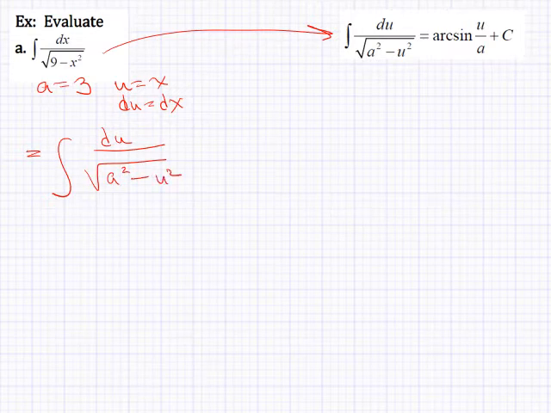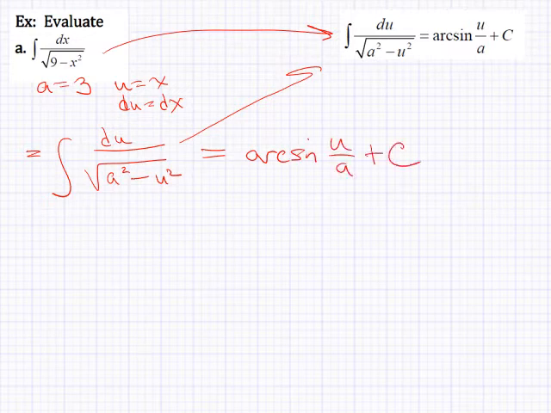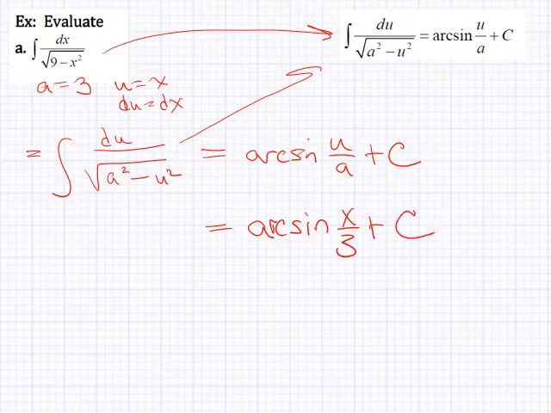Well, that looks exactly like that. So then the answer should be arcsine of u over a plus c, where a and u were 3 and x. So arcsine of x over 3 plus c. And that's it, right?